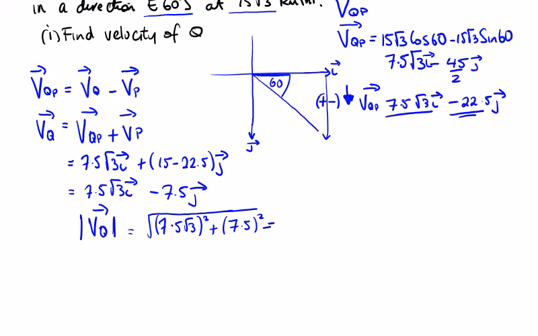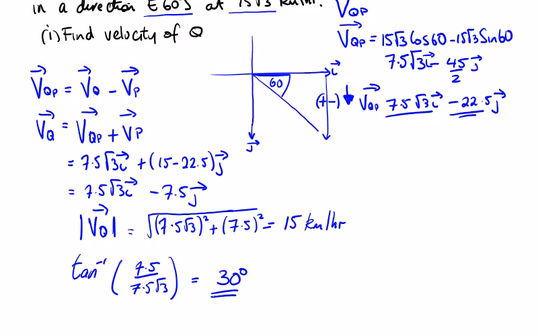And calculator use for that works out to be exactly 15 kilometers an hour. And the inverse tan will give me the direction. The inverse tan of 7.5 over 7.5√3 is 1/√3, and we know the inverse tan of 1/√3 is 30 degrees. Now, in what direction is that 30 degrees going?